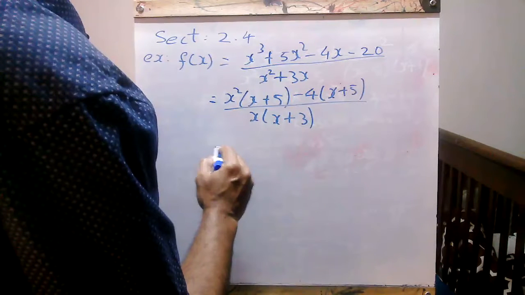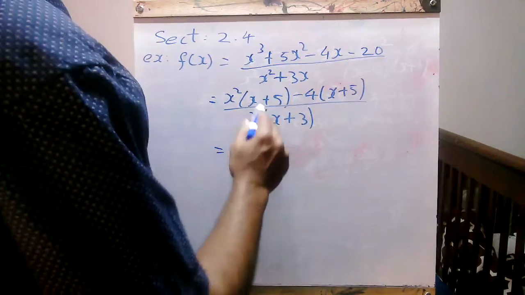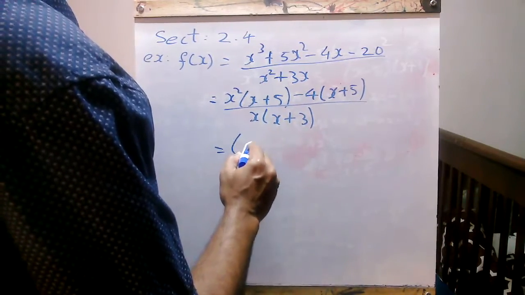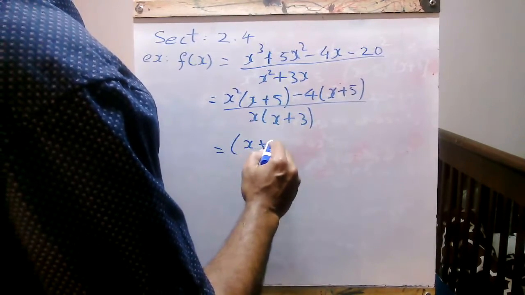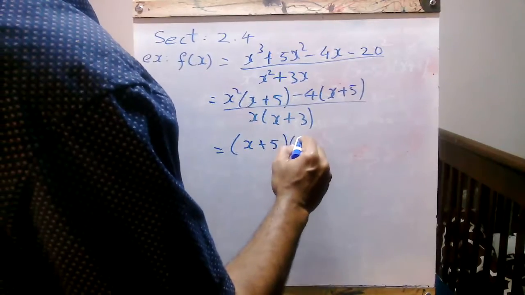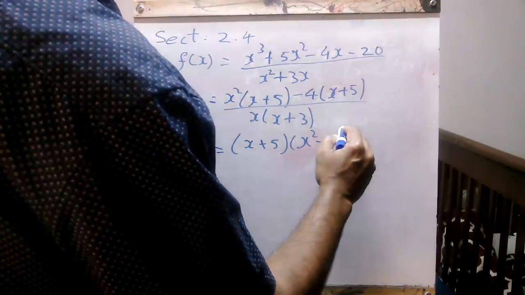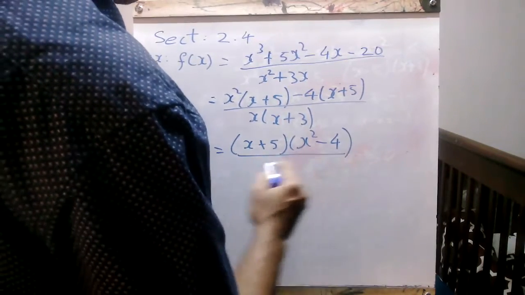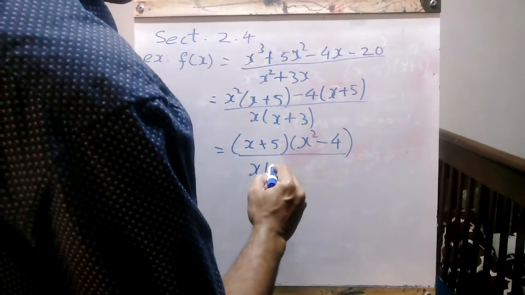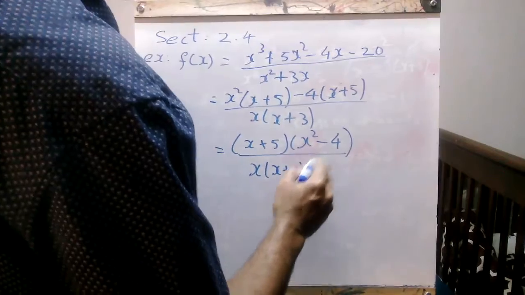Then factor this out, we get (x plus 5) times (x squared minus 4) divided by x times (x plus 3).